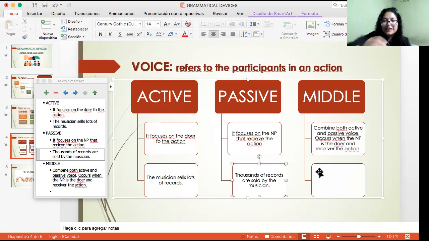So here the musician is the receiver of the action.